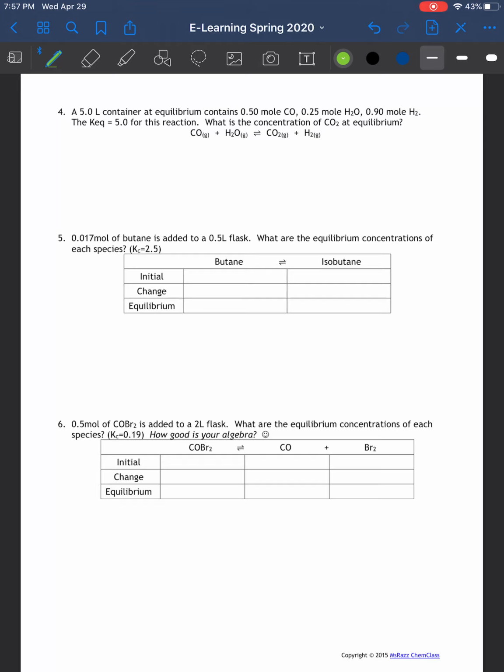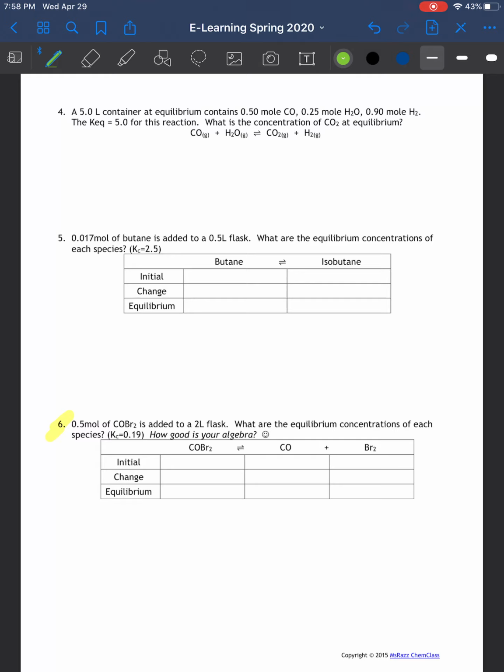However, I'm going to show you a slightly alternate way that you can do things. It is not going to give you an exact answer, but if push comes to shove, it will give you a slight approximation. Okay, so I'm going to solve number 6 for you, and then you're going to be responsible for solving number 5.